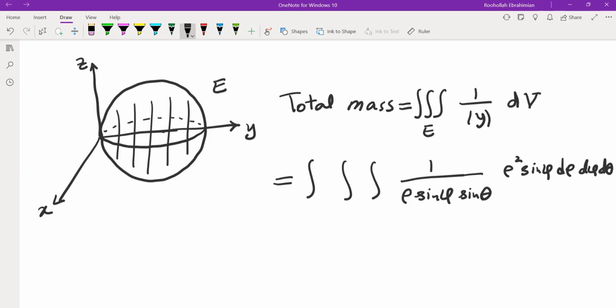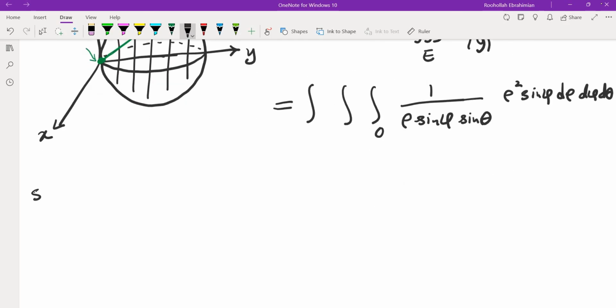Next, we'll have to find the limits of integration. If we fix a ray, when theta and phi are fixed, we have to look at a ray. So what is the closest to the origin? It's right here. What is the farthest from the origin? It is right here. So the lower limit would be 0. Farthest from the origin is on this sphere.